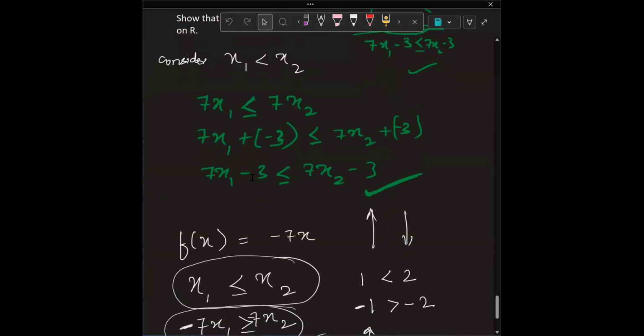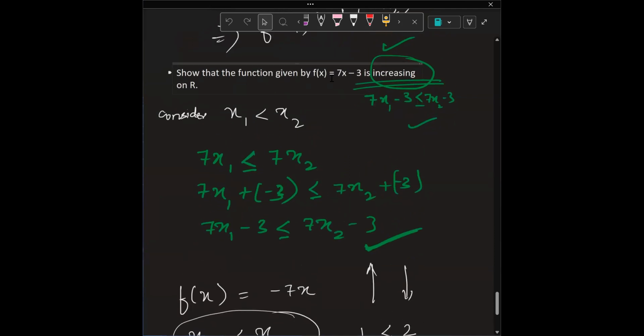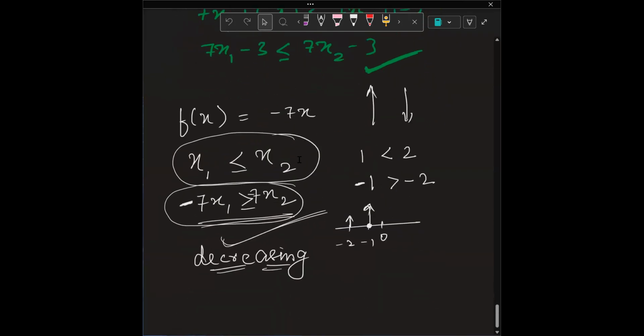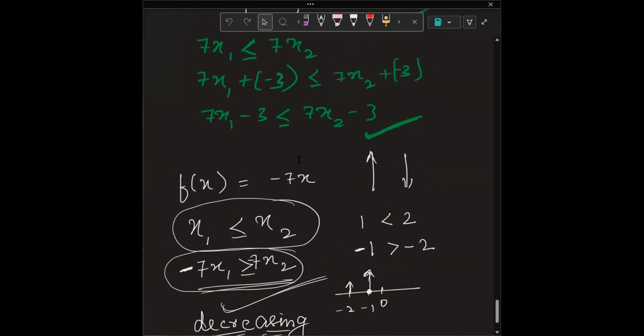So we are getting this condition, and this is what we need to prove. Hence we can say that this is an increasing function. Okay. And I hope you know when this inequality changes, when you multiply by a negative number. Is it okay?